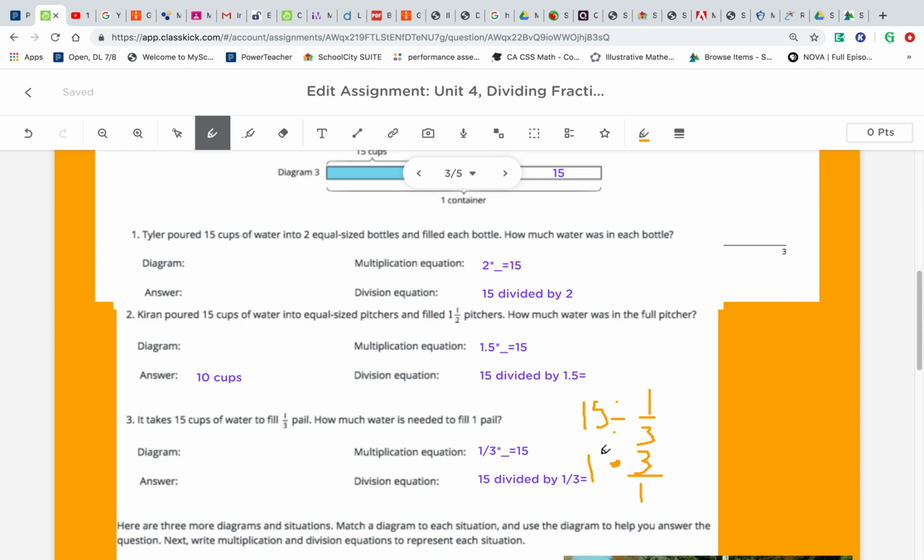And then 15 is here. So 15 times 3/1, let's make it 15/1. And 15 times 3, that's 45, right? Over 1. So that's the way it would look if you were going to do it through multiplying by the reciprocal. All right, so the answer would be 45, right? Closed captioning, you'll be able to read the answer on your screen.